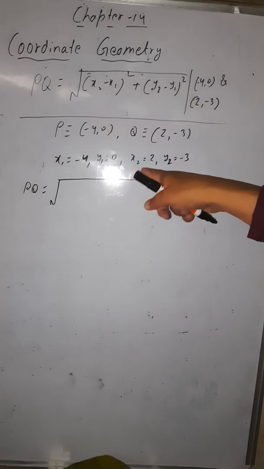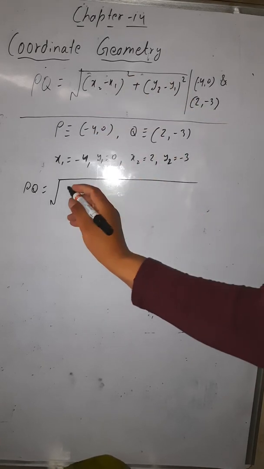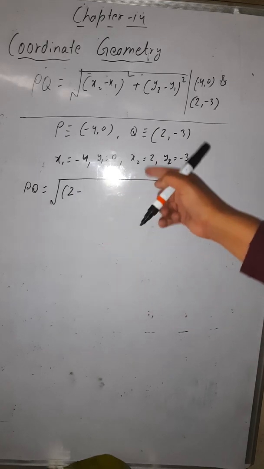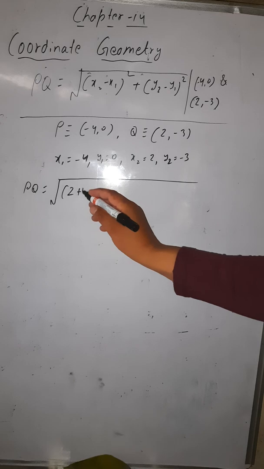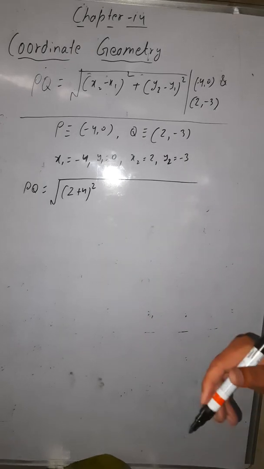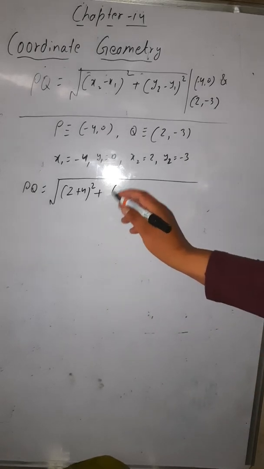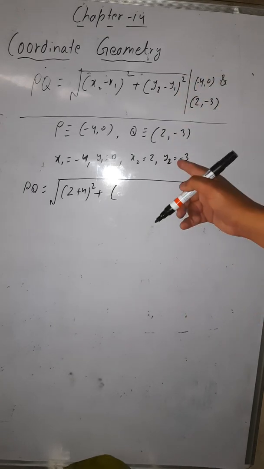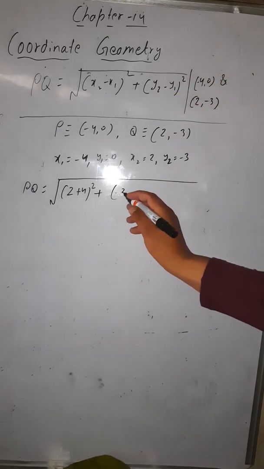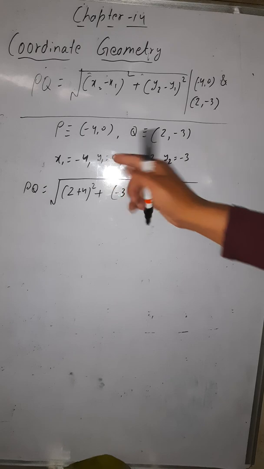X2 minus x1, x2 is 2 minus x1 is minus 4. So this minus will become plus. Getting this? Plus y2 minus y1. Y2 is how much? Minus 3 minus y1 is 0.